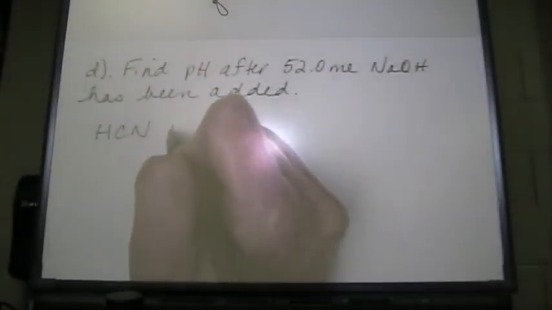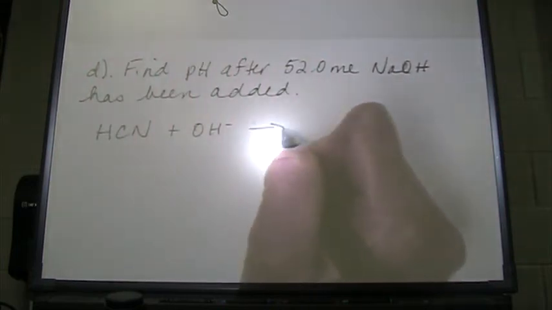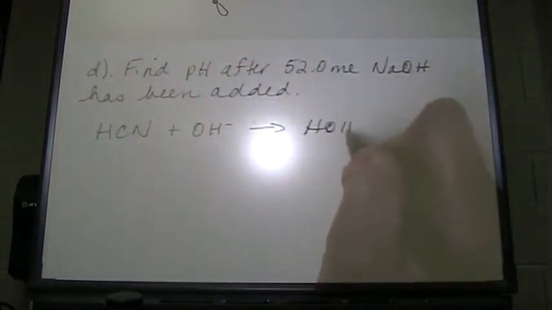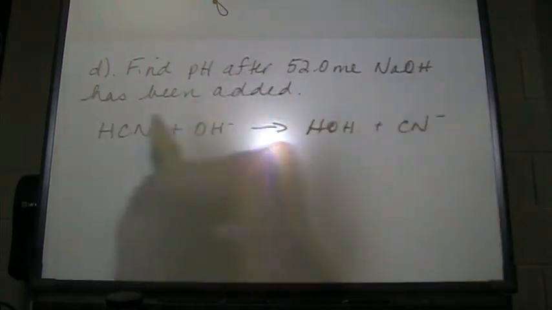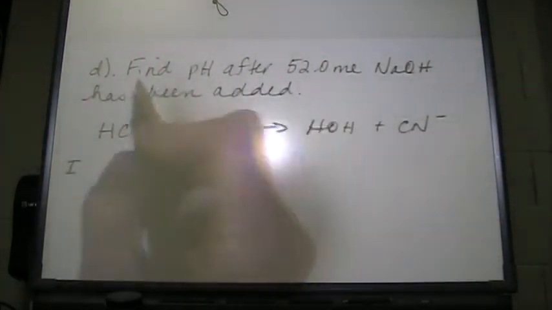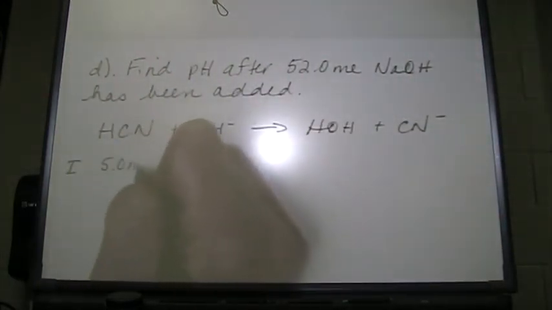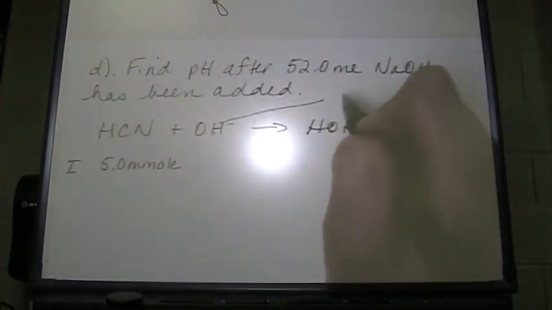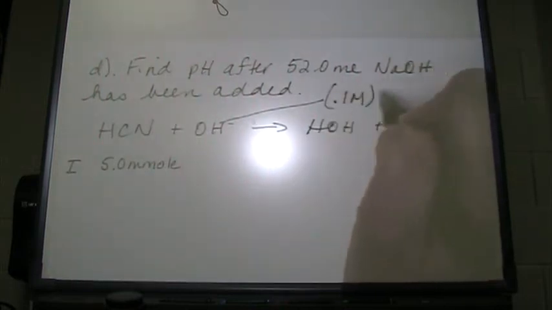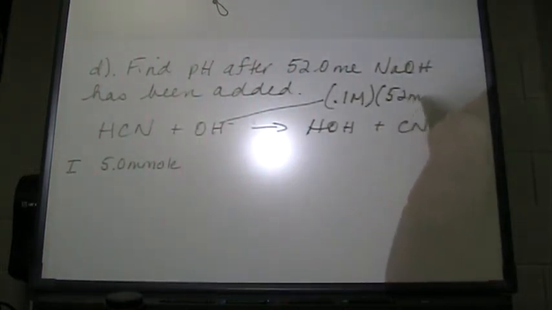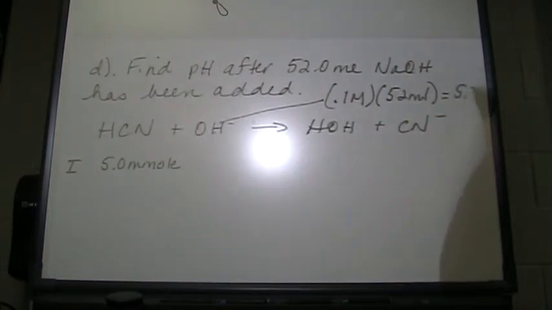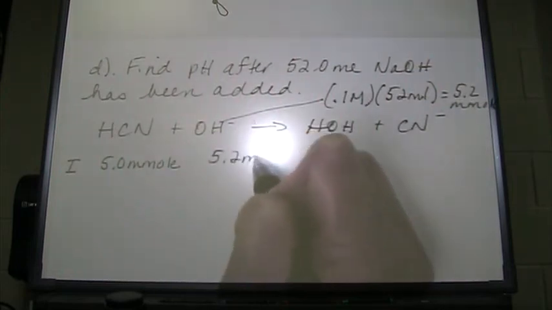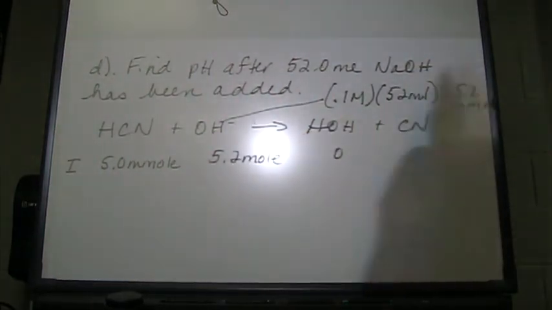Starting out, this time we have 5 millimoles of the acid. Now we have 0.1 molar times 52 mL, which is 5.2 millimoles of the OH, none of this and none of that.